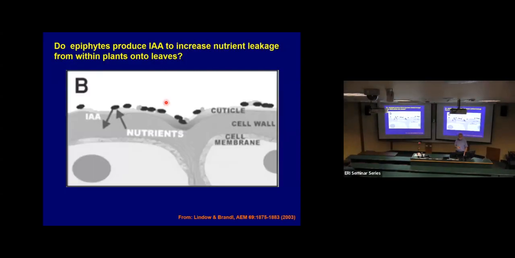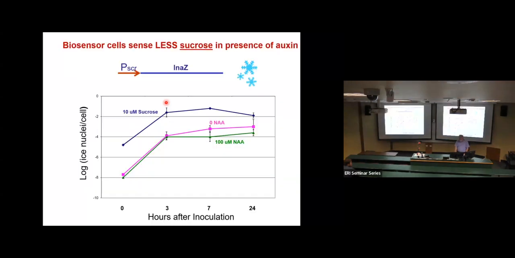Based on the earlier argument that it was the amount of carbon on a plant that was driving how many of these microbes were present, we naively thought that auxin was simply being produced by the bacterium to somehow cause more nutrients to come to the surface. But it seemed like it's probably a little more complicated than that, because we had other biological sensors that we developed.